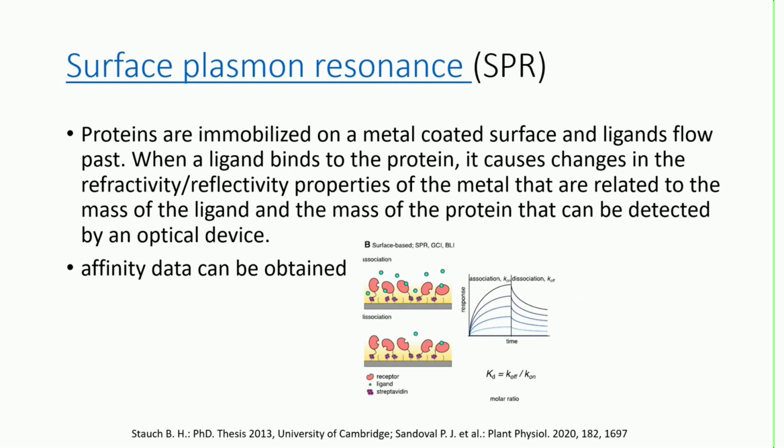I have listed the three methods highlighted in bold here. Surface plasmon resonance is based on measurement of refractivity or reflectivity. It is based on a surface where the proteins are bound via some specific bonds.